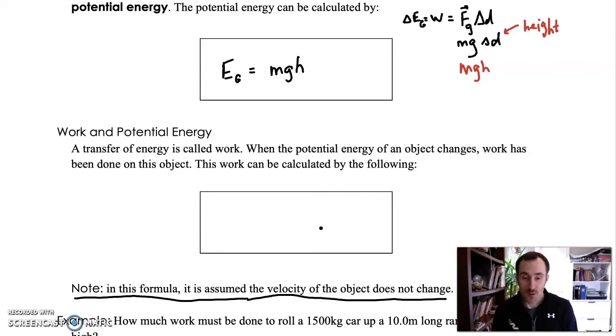So keeping that in mind, we've got work is equal to a change in gravitational potential energy, which means that work is equal to final minus initial, Eg2 minus Eg1.